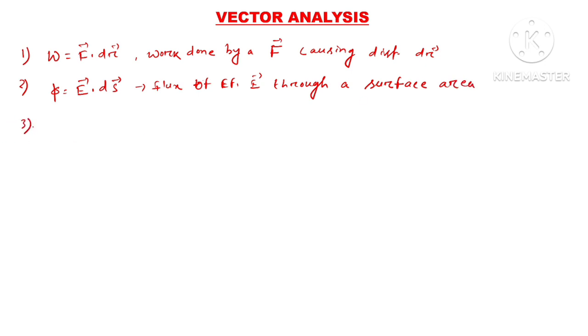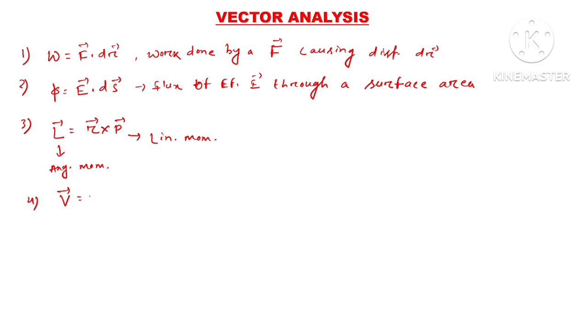Now the third application is we can establish a relation between linear momentum and angular momentum. That is L is equal to R cross P, where L is angular momentum and P is linear momentum. Now the fourth application is the relation between linear velocity and angular velocity.